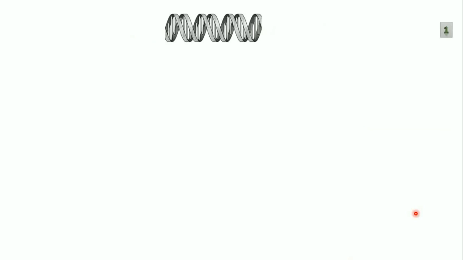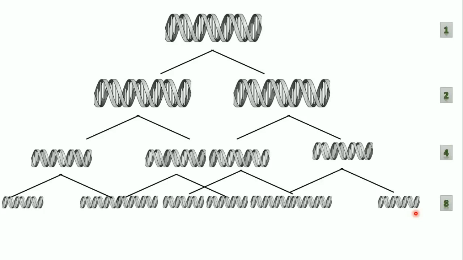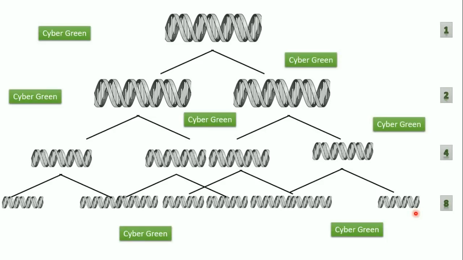So let's say this is our sequence, or this is our DNA, and we're applying the PCR. So in the PCR, the sequence will be doubling after each cycle, as I told you previously. And let's say we have cybergreen in the medium. Then the cybergreen will detect the minor groove of the double-stranded DNA and will bind there.